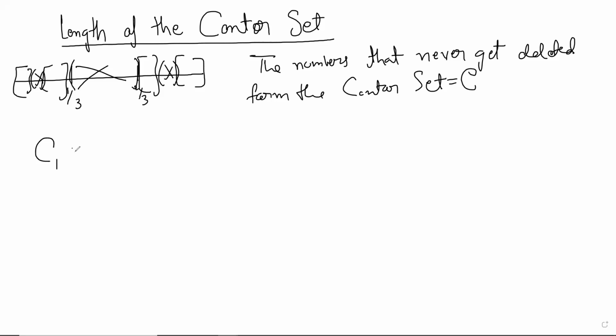So C1 was maybe 0, 1. Maybe I should call this C0, or maybe this is okay.